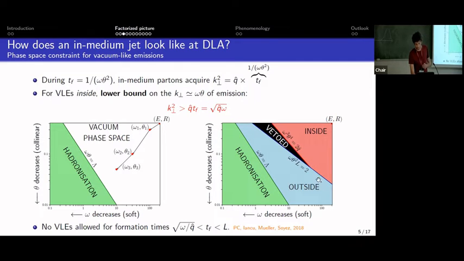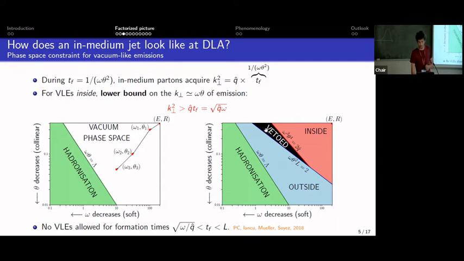It will continue down to this scale here, which is not represented in this phase space, because you have another criterion related to the finite length of the medium. Typically the jet has a typical path length L, and when the formation time is smaller than L, we expect the cascade to behave exactly as in the vacuum, because there is no dense medium anymore.